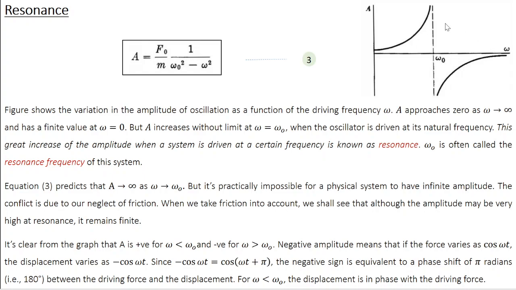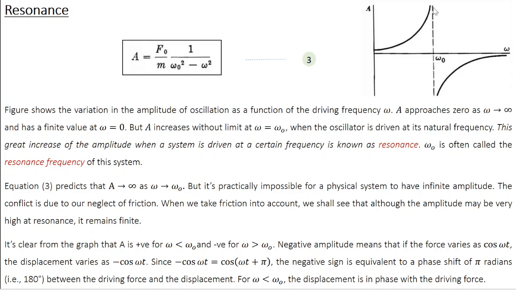Now let's look at the middle point at omega equal to omega naught. What happens? So omega naught is the natural frequency of the simple harmonic oscillator. So you are going to drive the oscillator at its natural frequency. So when omega equal to omega naught, the denominator becomes 0. So the entire factor approaches infinity, right?